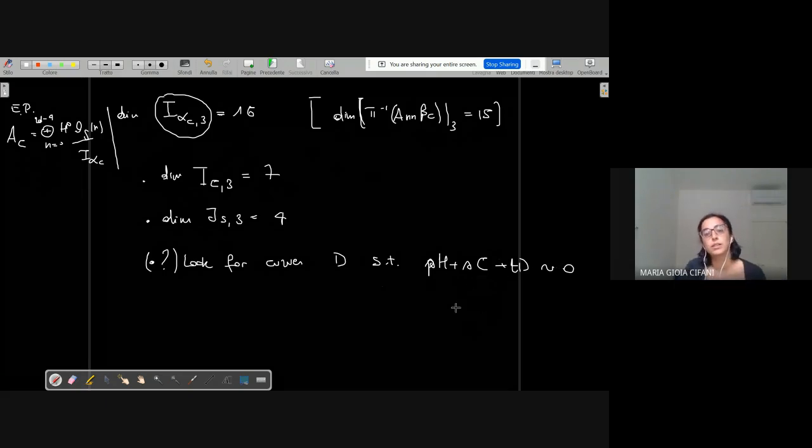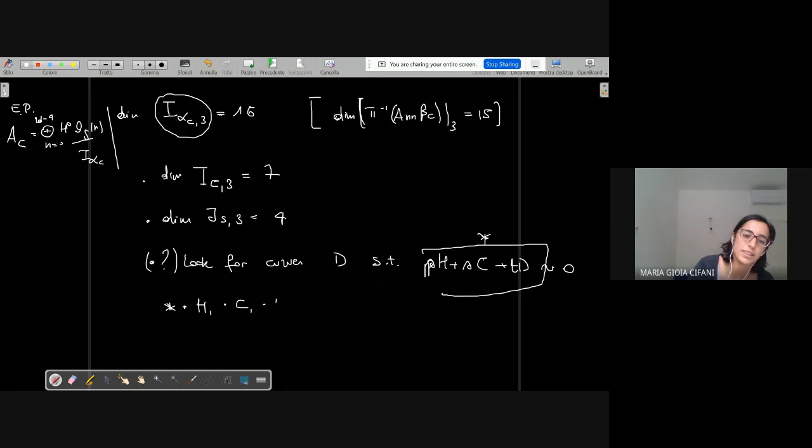We just take this thing here, and we made the system given by the intersections of H, C, and D. So we have a homogeneous system with the unknowns H dot D, C dot D, and D square.